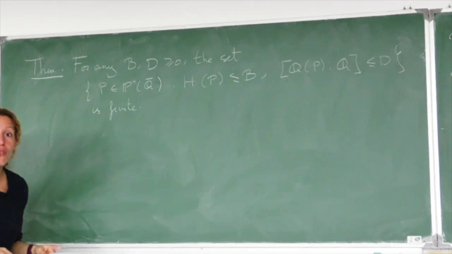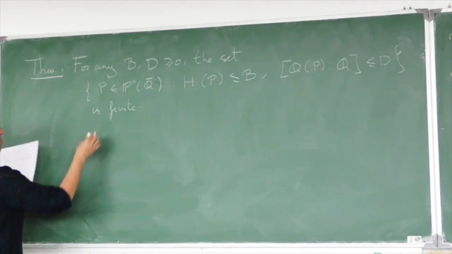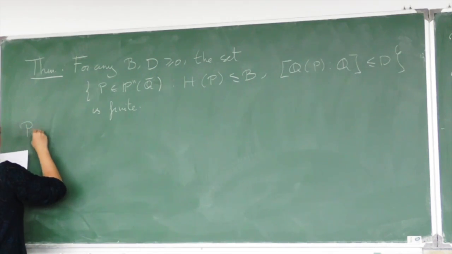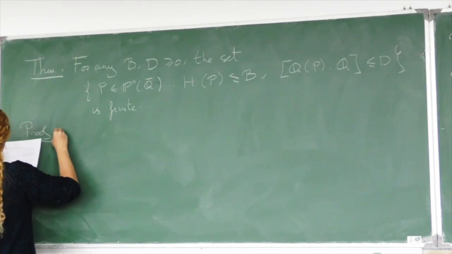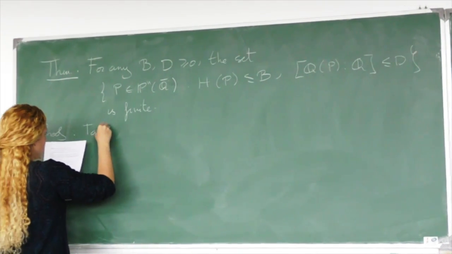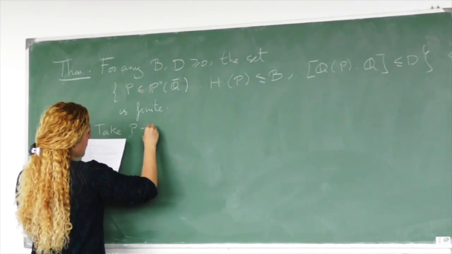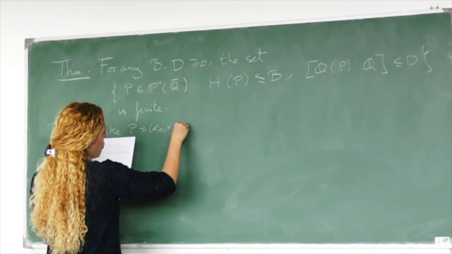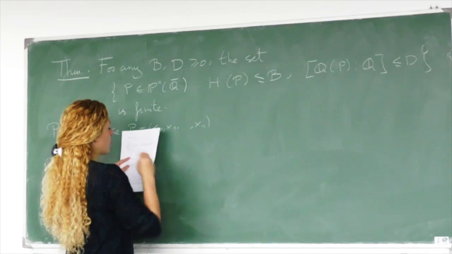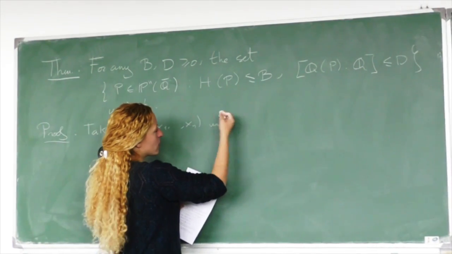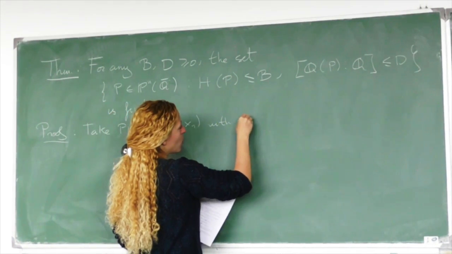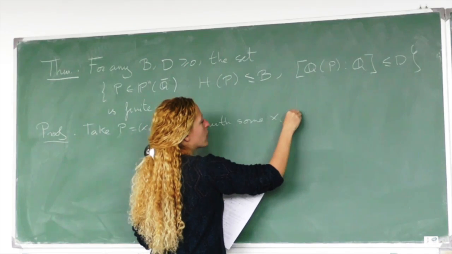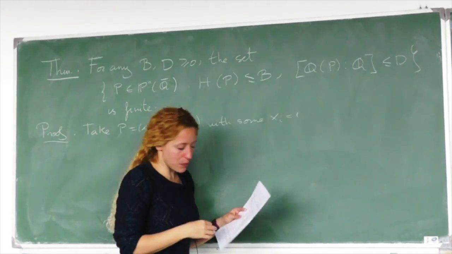Okay, let's see how to prove this theorem. So, proof. Take P with coordinates, as always, like this, and we can make some of them equal to 1. This is a trick that we already applied before.